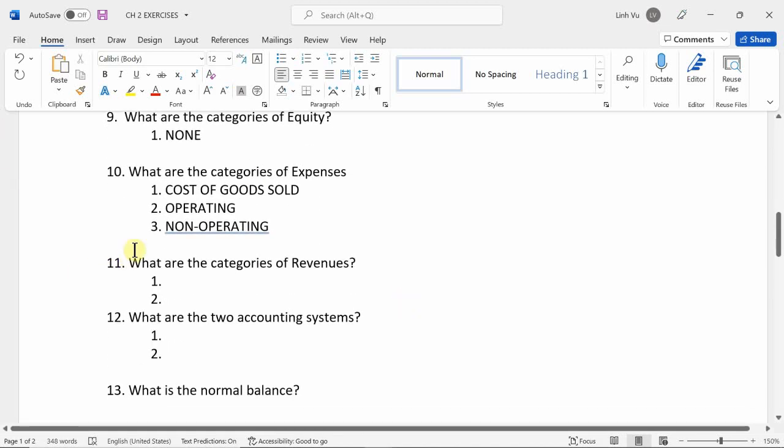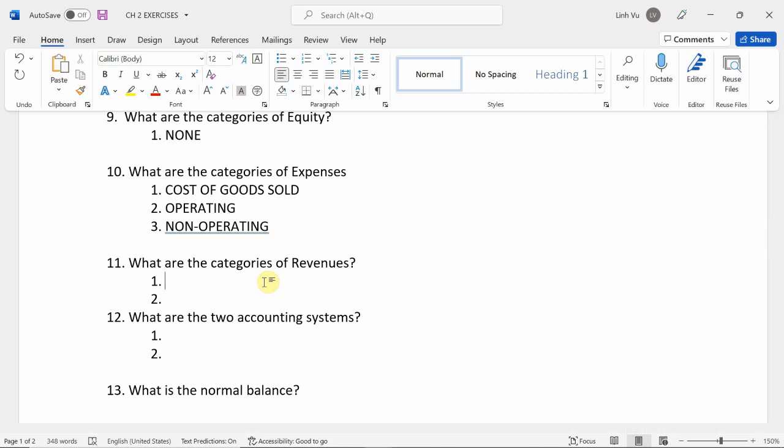Rent expenses, purchase expenses, those are accounts under operating expenses. So in this case, number 11, what are the categories of revenues? Non-operating revenues, or also known as other. And what else? Operating. Operating.